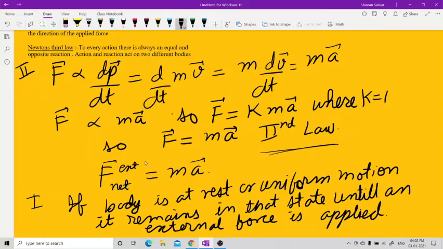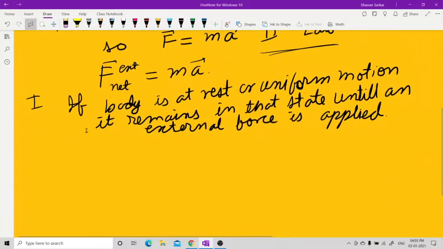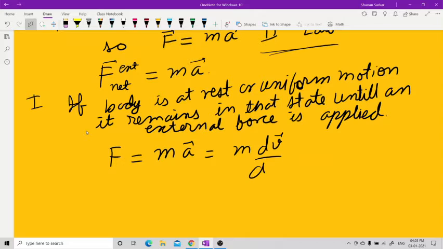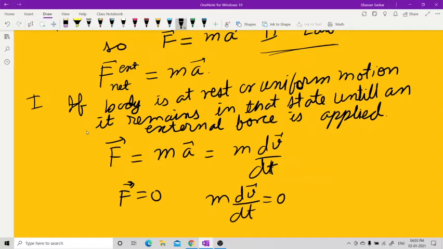Now, suppose F, as we now know, is ma. That is the same as m dv/dt. This is actually an external force. Now suppose F is 0, as given here. So m dv/dt is 0, which implies dv/dt is 0, which implies v is constant.